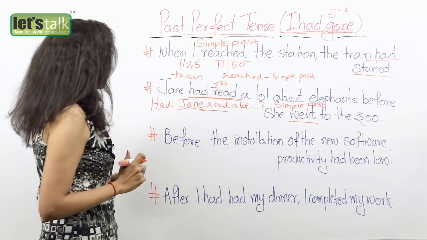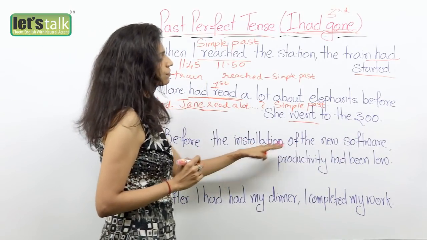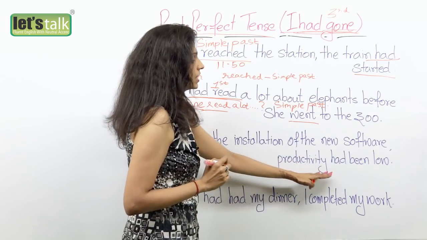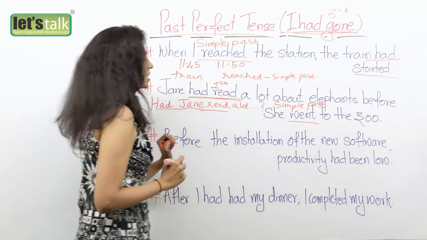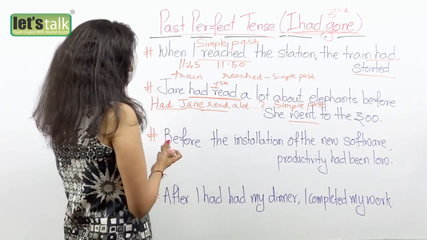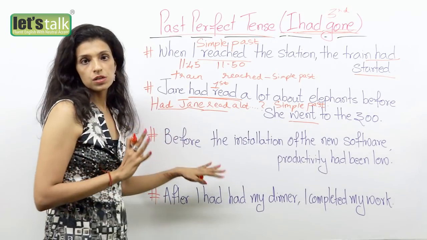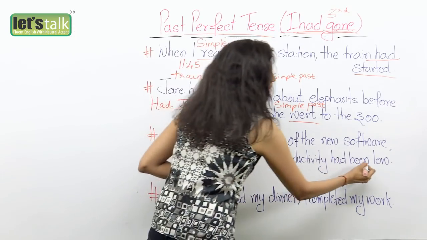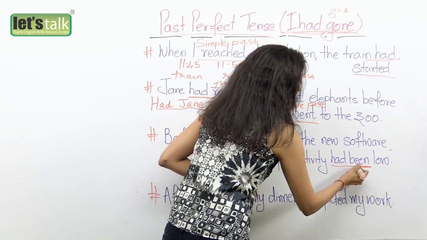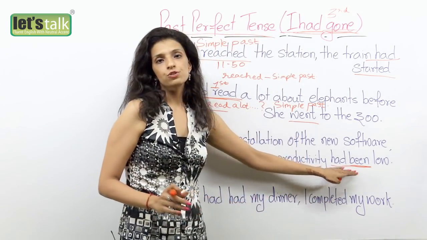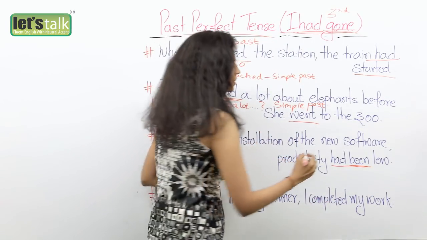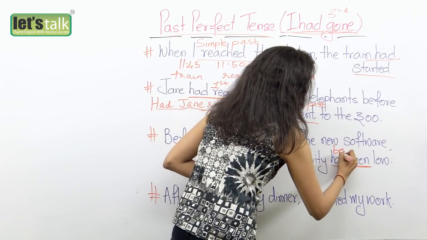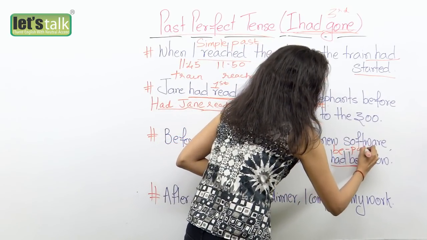In the next sentence, before the installation of the new software, productivity had been low. Now if you realize there is no simple past verb used, it's only a past perfect tense. Well, for all those who get confused what is been, it is nothing but the third form of be. It's the past participle.